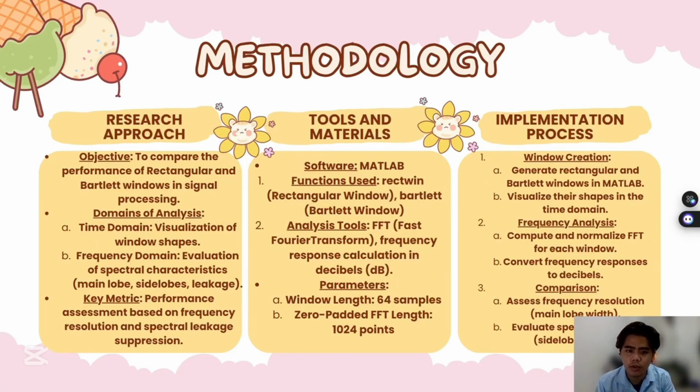For the analysis tools, we use the FFT, that is the fast Fourier transform, and the frequency response calculation in decibels, dB. For the parameters we have two: the window length is 64 samples, and the zero-padded FFT length is 1024.